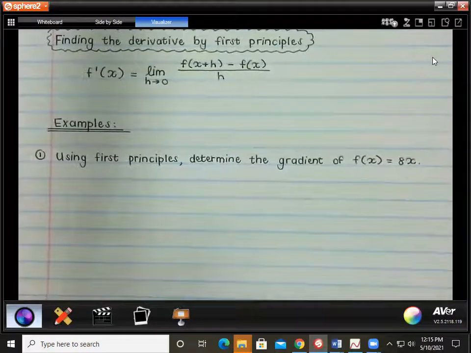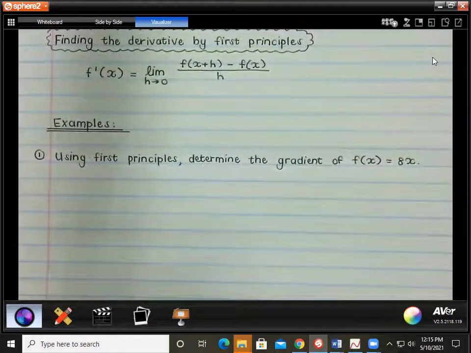All right, guys, so this is a very simple one. I just want us to get back into using that formula.